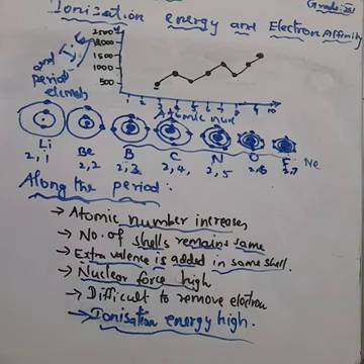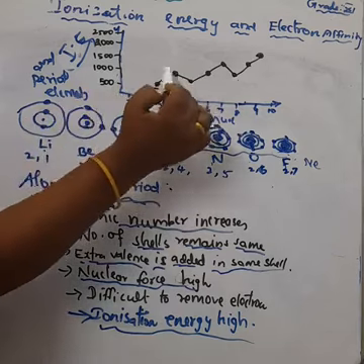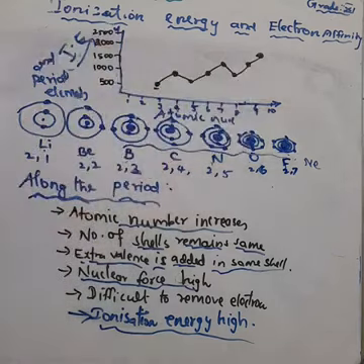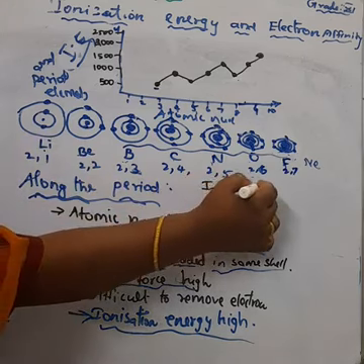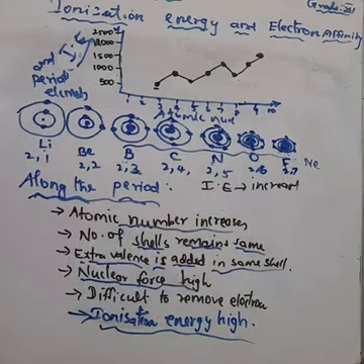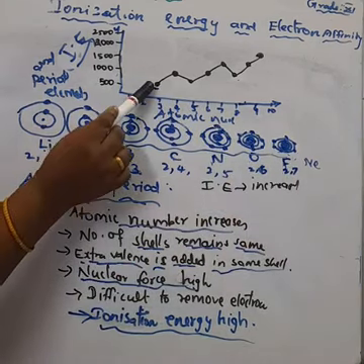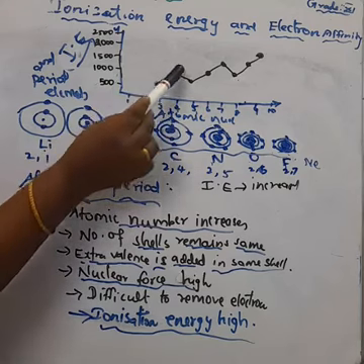We know when we are moving from left to right, the ionization energy will increase. But there are two deviations. What are the two deviations here? From lithium to beryllium, the ionization energy increases, and from beryllium to boron, it decreases.